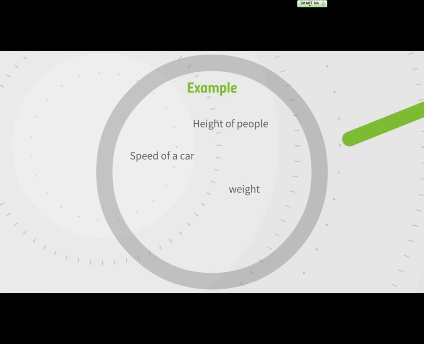We already talked about the height of people, the speed of a car, the weight of those house cats. If we weigh those house cats in pounds, they're not all going to be 15 pounds. They might be 15 and a quarter, 15 and a third. There'd be a range of weights that we would use. So that's an example of that continuous type of information or variable.